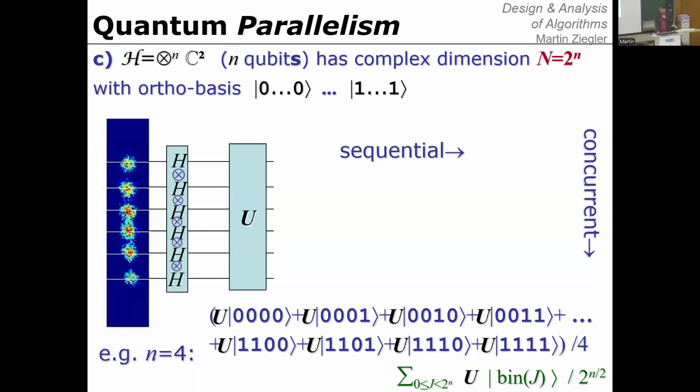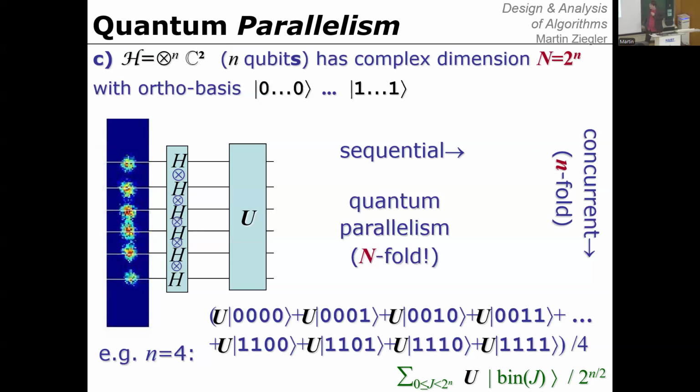So here we can also move the U inside. So this was concurrent, but only small n-fold. And operating on all these states simultaneously, that's quantum parallelism. Capital N-fold, 2 to the small n-fold, that's exponential acceleration.